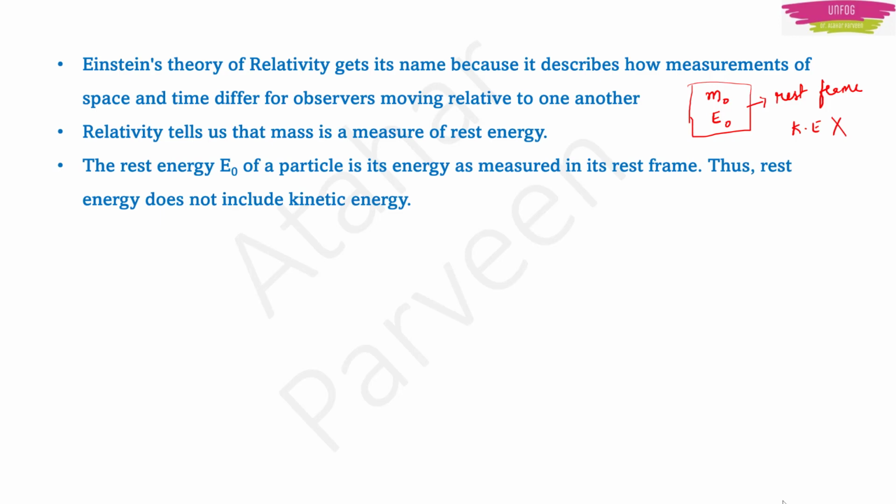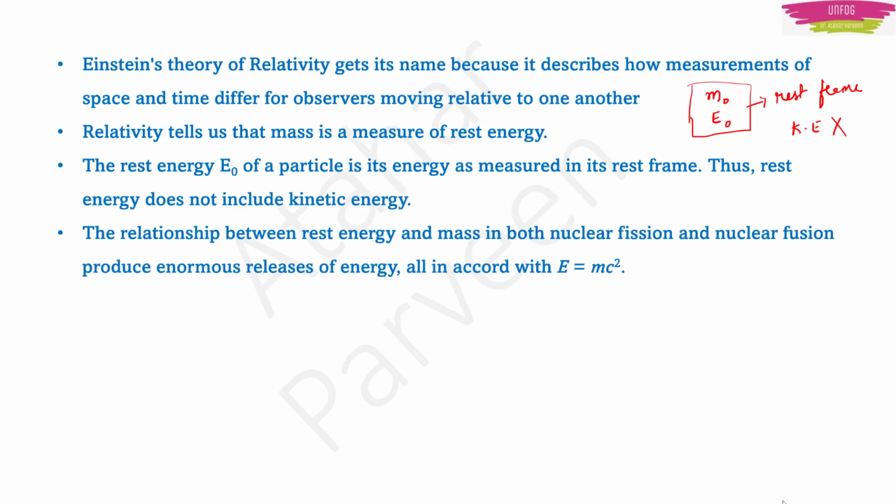But the energy released was so enormous that even bombs can be made using atoms. That concept of an enormous release of energy is according to E is equal to mc square. So nuclear fission and nuclear fusion produce an enormous release of energy, all in accordance with E is equal to mc square.